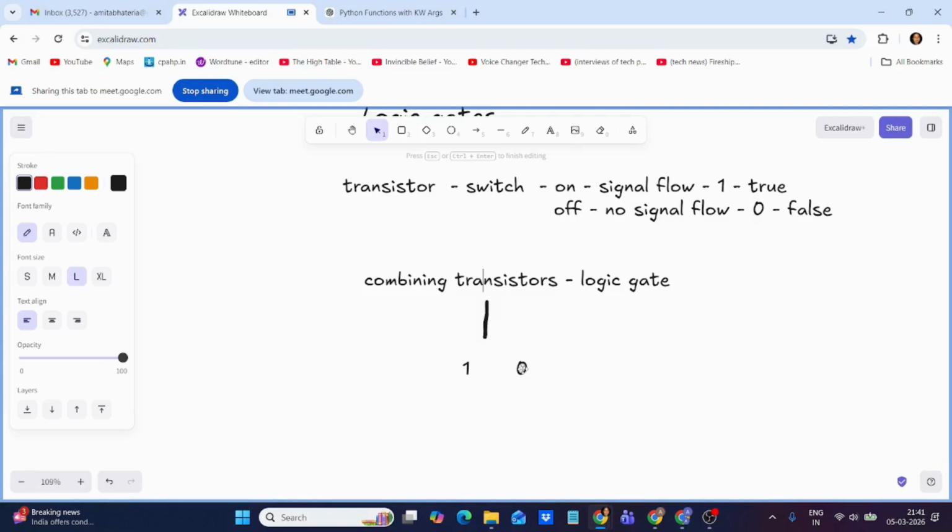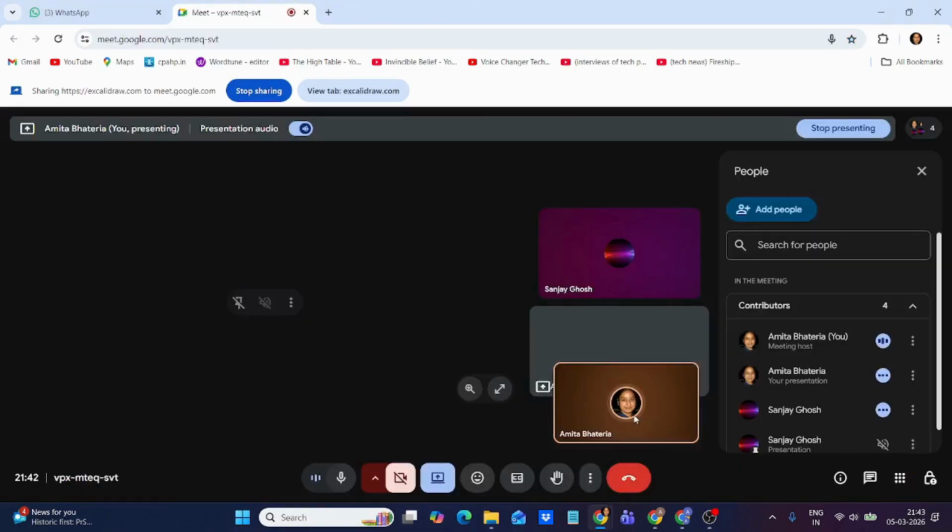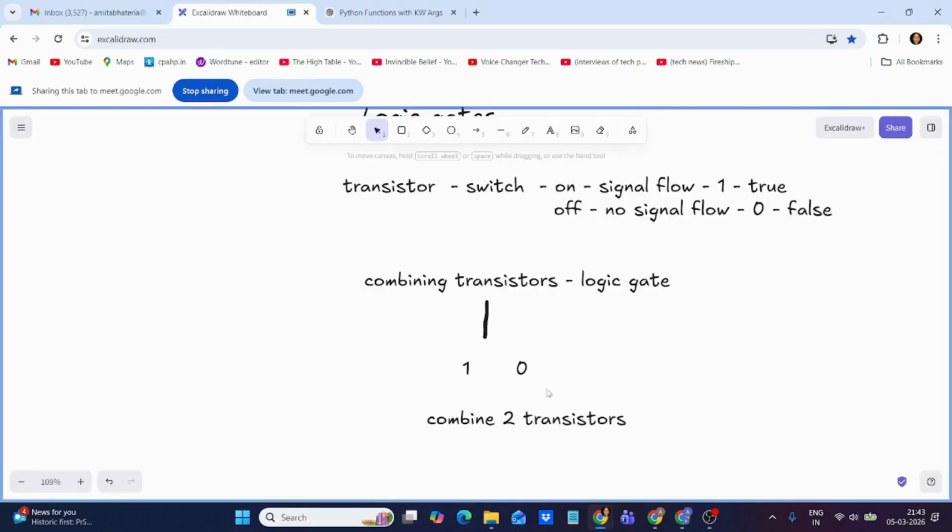So when we combine such transistors we can form a logic gate. Understood? We will combine two transistors to form a logic gate. A logic gate can be formed by using any two transistors, and the value of each transistor will be either 1 or 0, we know that, right? Now the combinations will form different outputs.